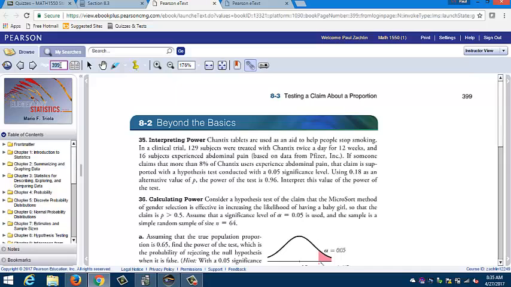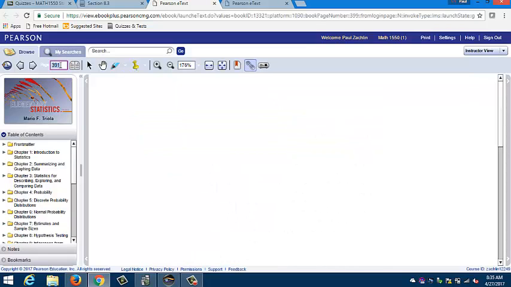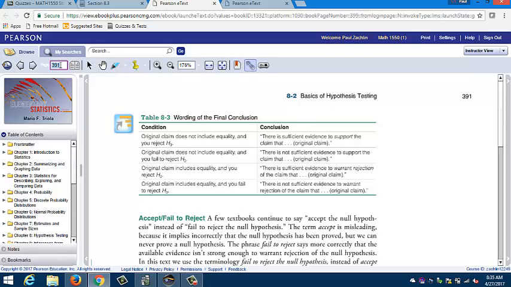Page 391. It shows this: the original claim does not include equality and you reject H naught. The original claim does not include equality and you fail to reject. I'm looking at lines 2 and 4 of this chart. They both start, there is not sufficient evidence, because we failed to reject. That's the point I was trying to make. All right, there is not sufficient evidence for what?